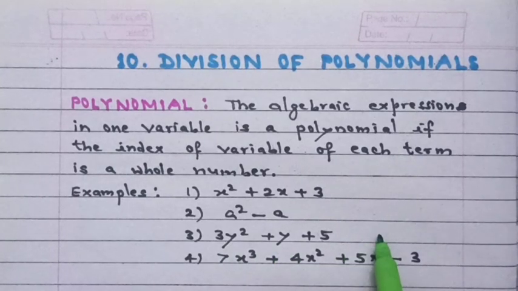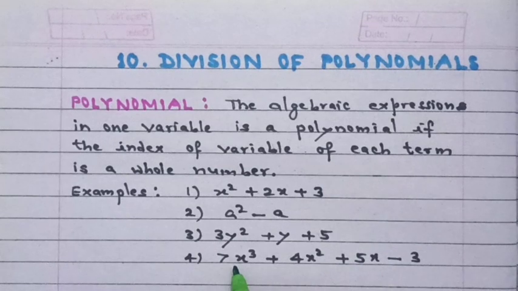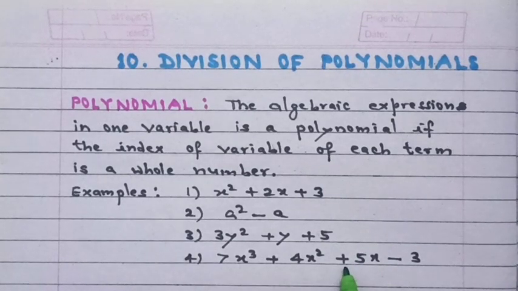You can justify why. Similarly, 7x cube plus 4x square plus 5x minus 3. The index of x in each term is a whole number, that is 3, 2, 1 and 0 respectively. Therefore again it is a polynomial.